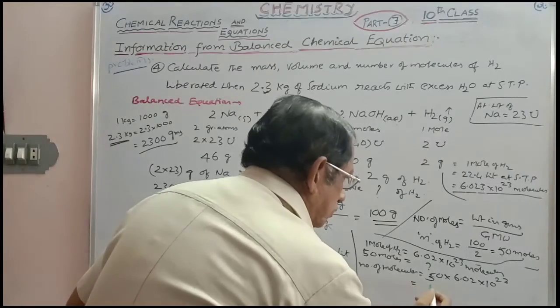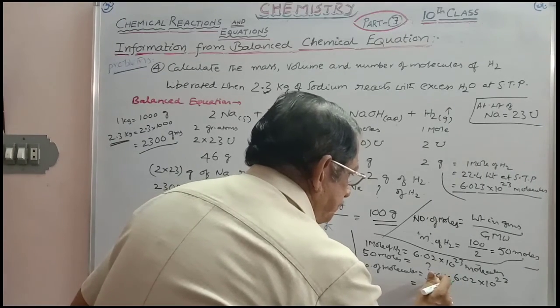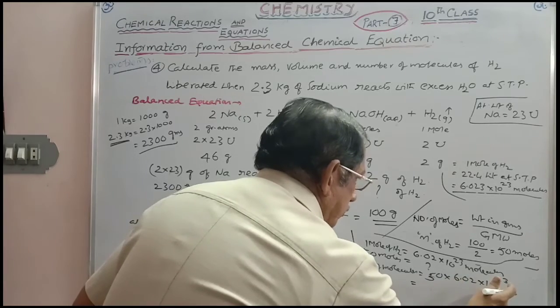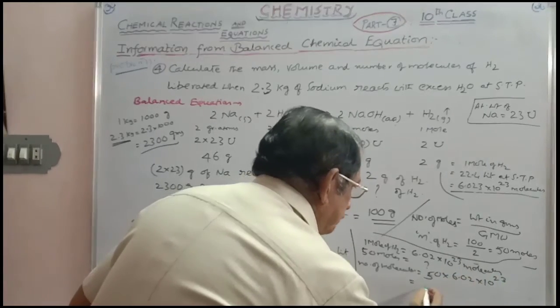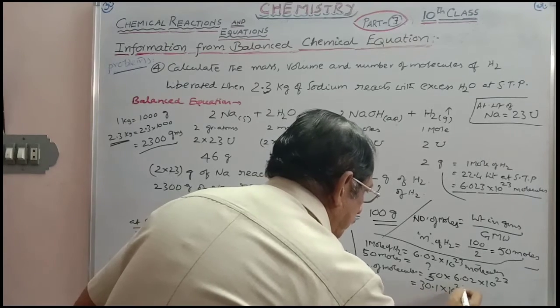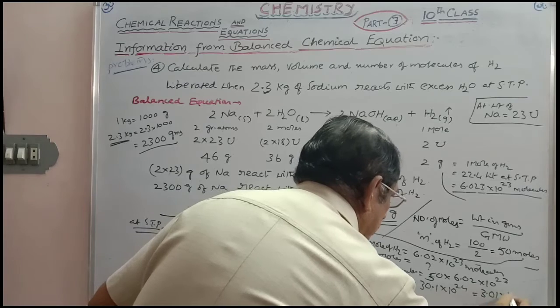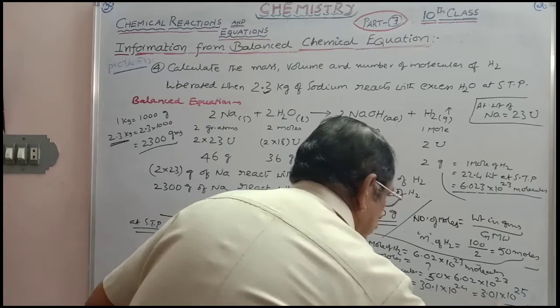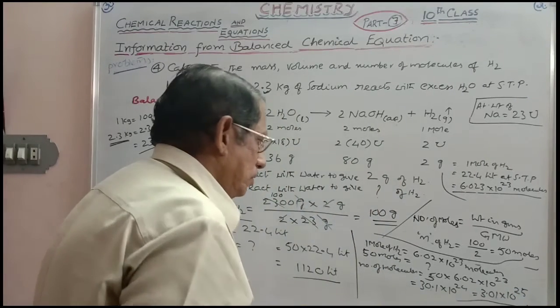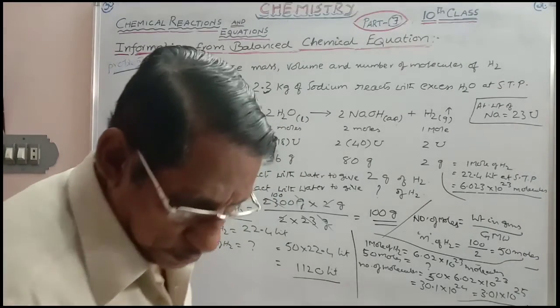So this is equal to 30.1 into 10 to the 24. This is equal to 3.01 into 10 to the 25 molecules. So number of molecules in this way you can calculate. Please note it.